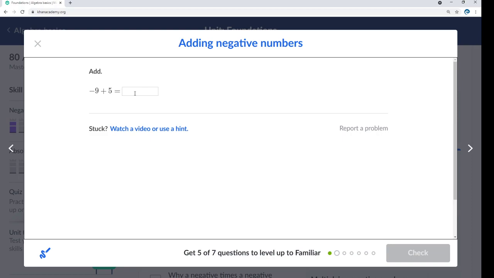Now we're going to add a negative number to a positive number. So that's essentially just subtracting from the positive, right? So basically, just like the difference between 5 and 9, I think is what I want here, right?